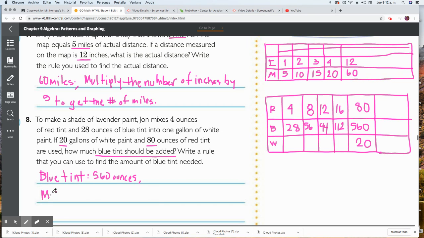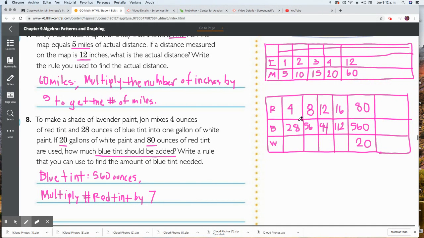The rule would be to multiply the number of ounces. Okay, multiply the number of red tint by 7. Okay, and that's for number 8.